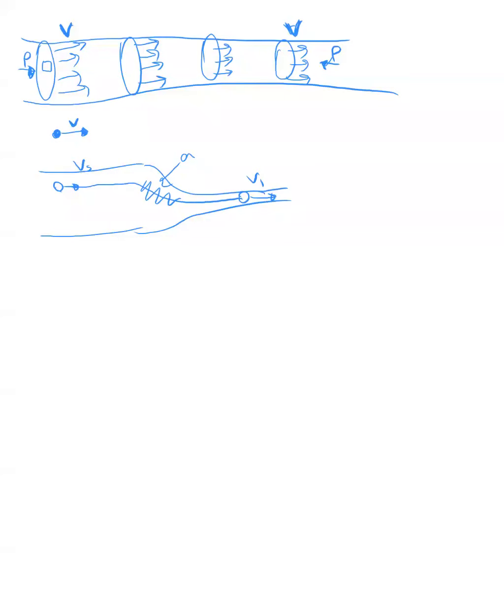And because of that, the conclusion here is that the pressure in this section of the pipe must be higher than the pressure in this section of the pipe. Otherwise, you wouldn't have excess force and you wouldn't have this particle moving with higher velocity. There would be no acceleration.